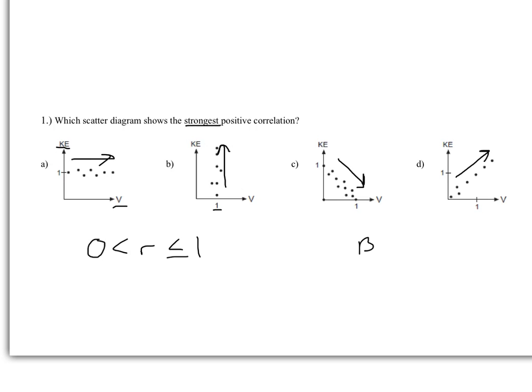So both sets of data increase together. And they're very close. You see that it almost looks as if it's a line.